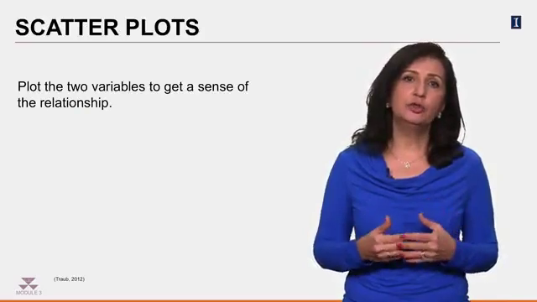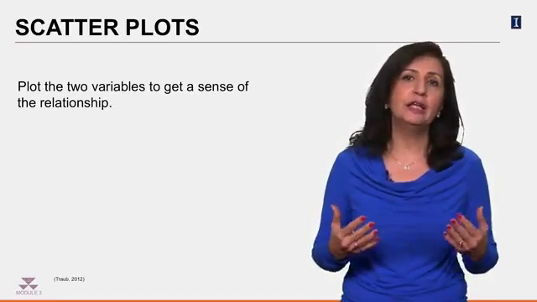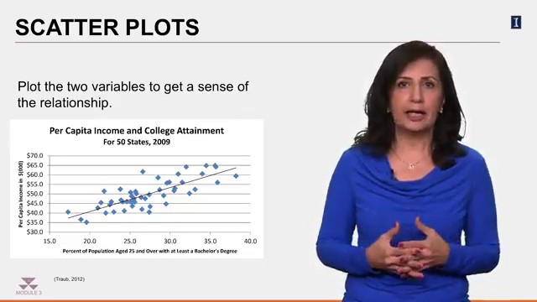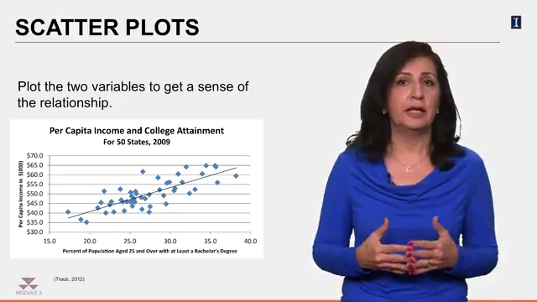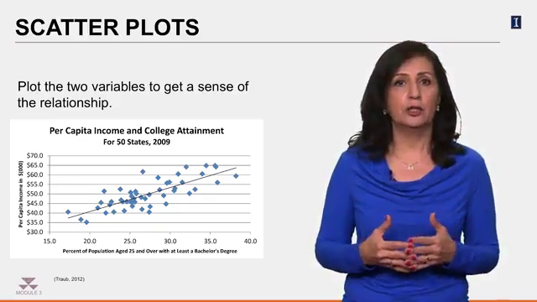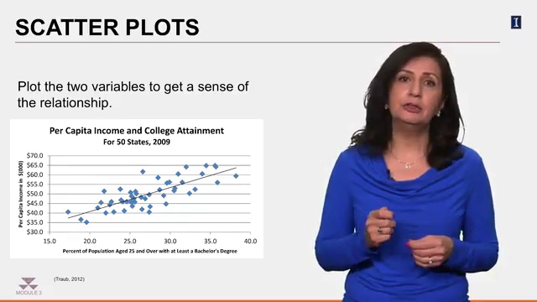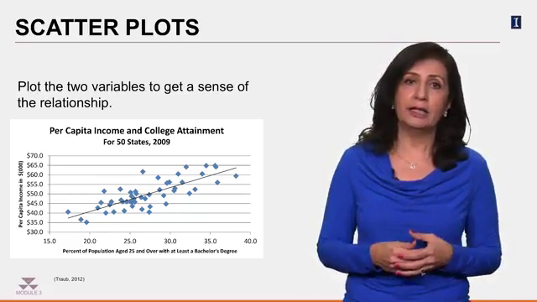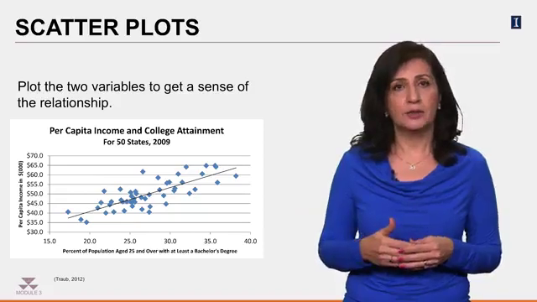This is a great visual tool for detecting whether or not the variables we have identified show any special relationship with one another. For instance, here's a scatter plot for income versus educational attainment for all 50 states. Looking at the scatter plot, where each diamond represents a state, we can see that there is a linear relationship between the predictor variable, educational level on the x-axis, and income, the response variable, on the y-axis.